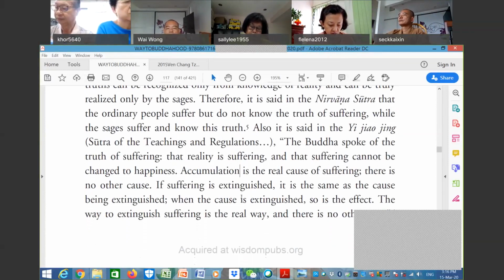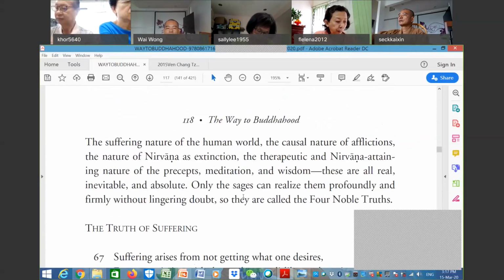Accumulation is the real cause of suffering. There is no other cause. If suffering is extinguished, it is the same as the cause being extinguished. When the cause is extinguished, so is the effect. The way to extinguish suffering is the real way.